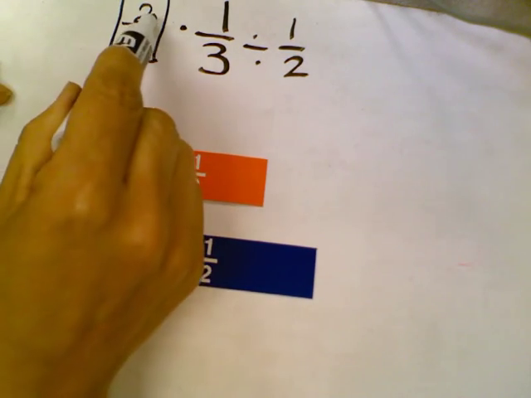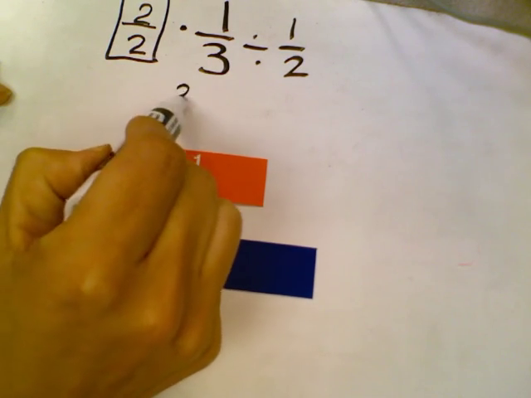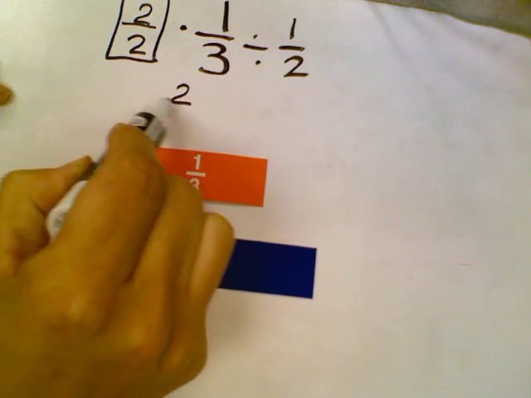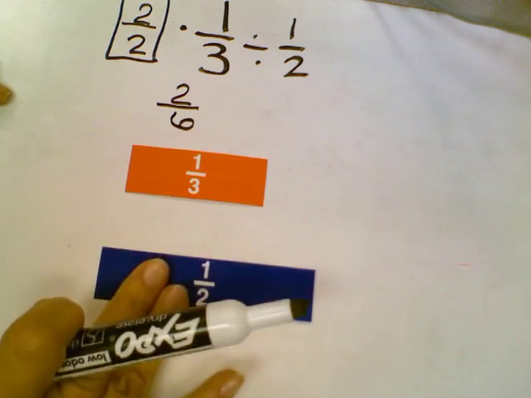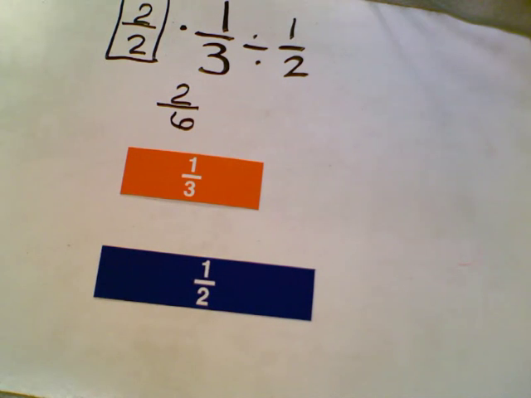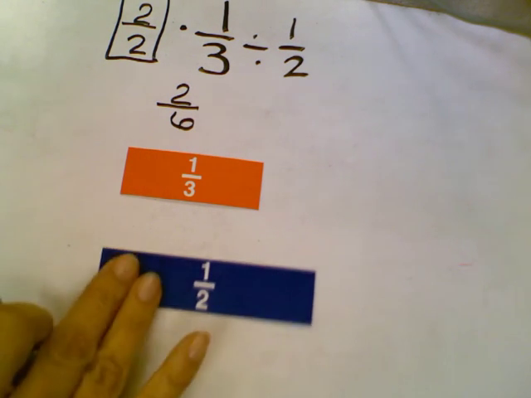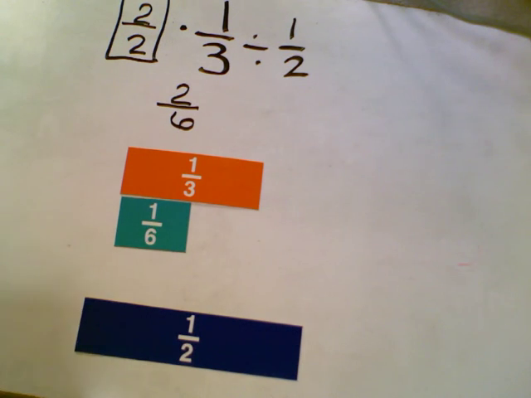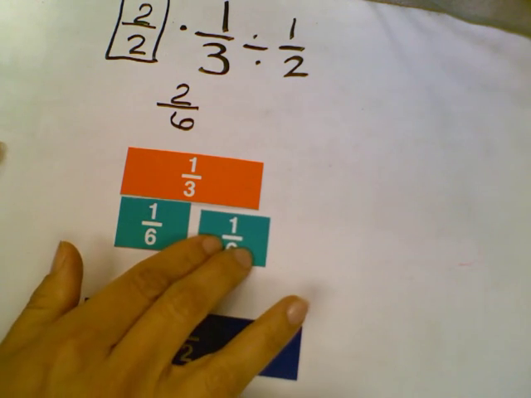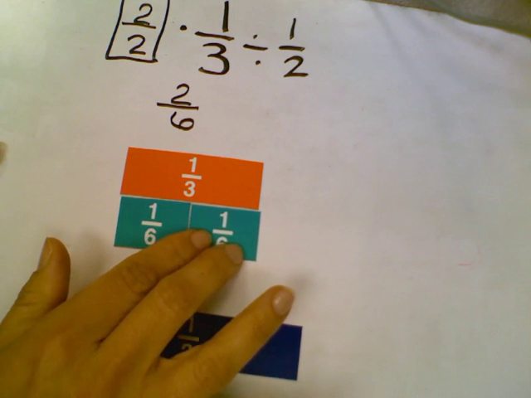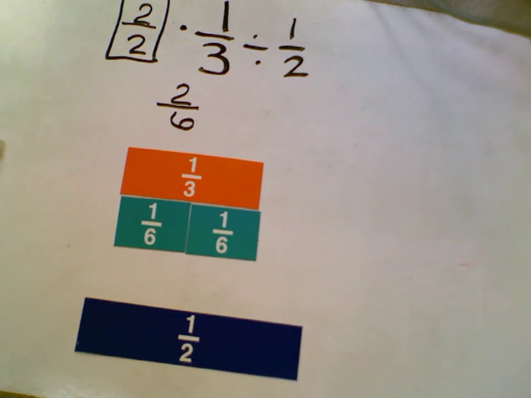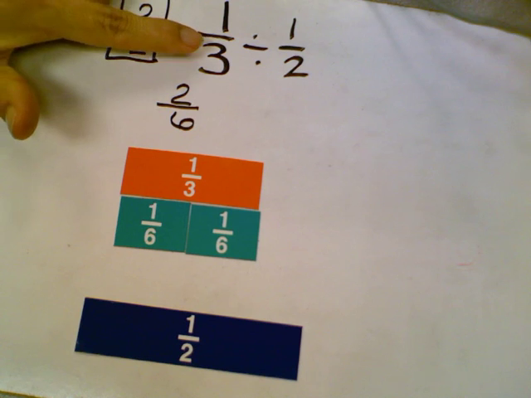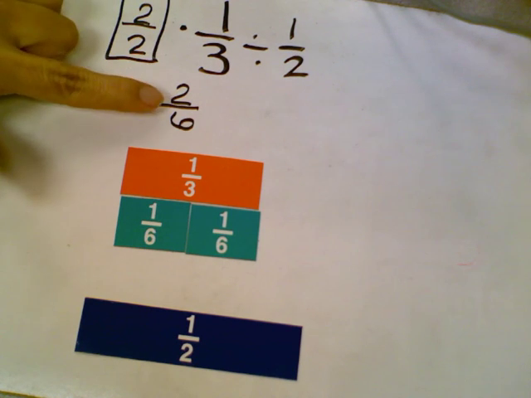So then we would get 2 times 1 would be 2, and 2 times 3 would be 6. And what we notice is that we were making equivalent fractions. So the third actually turned into 2/6. And as you can tell from our fraction bars, they're equivalent fractions, which meant that this fraction was the same as this fraction.